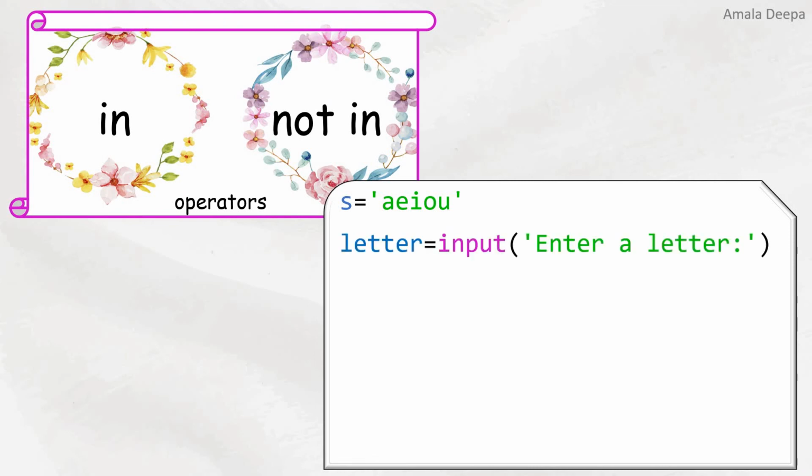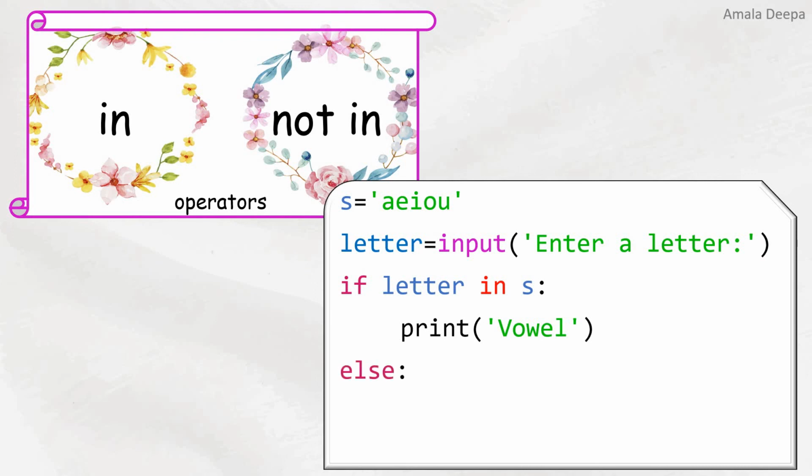So letter is equal to input, enter a letter. Then I am going to use the if else statement. If letter in S colon print vowel, else colon print not a vowel.